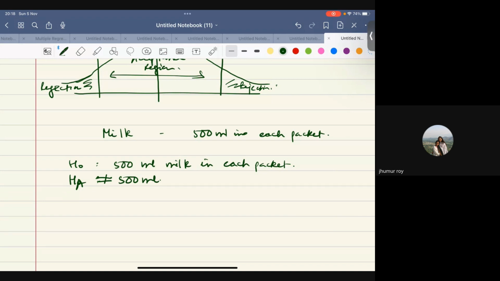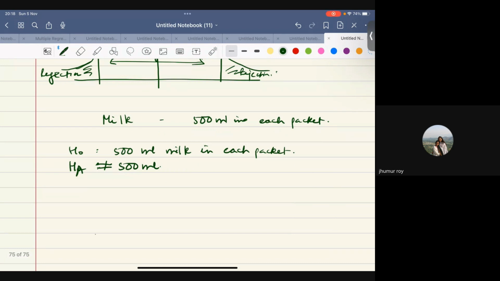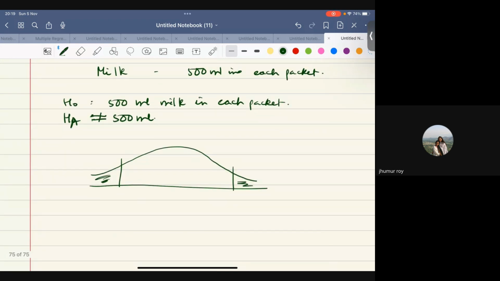So if I'm saying it is not equal to 500 ml, that means it can be less than 500, it can be more than 500. Okay. So this is one hypothesis. Now, the second hypothesis can be that the milk is always less than 500 ml.